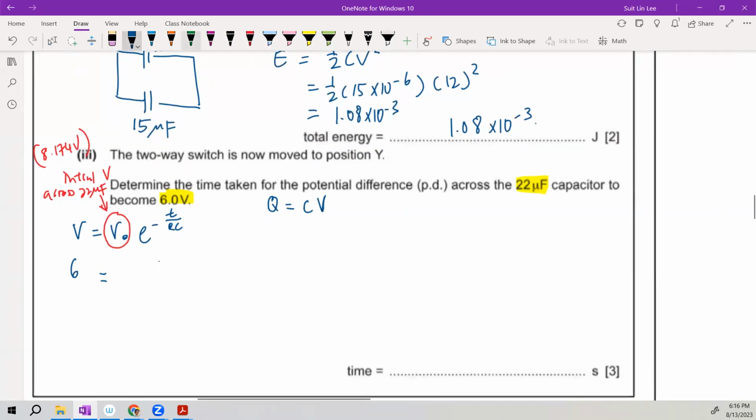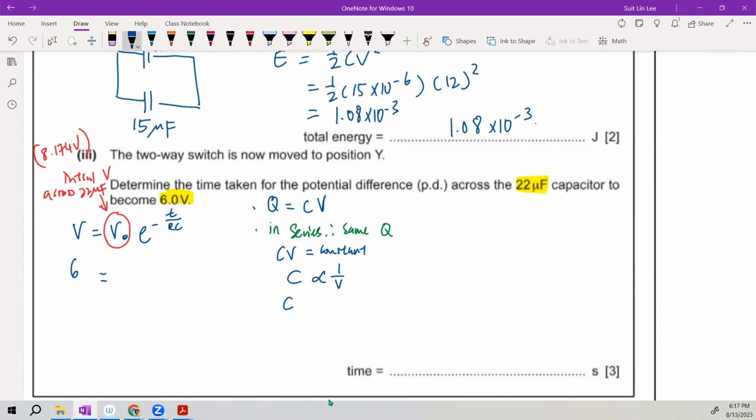So the thing is, the capacitors are in series, so they will have the same Q. So if Q is constant, this means CV is constant. So C is inversely proportional to V.